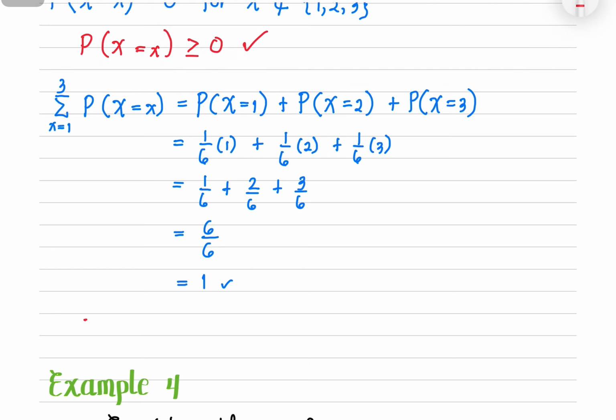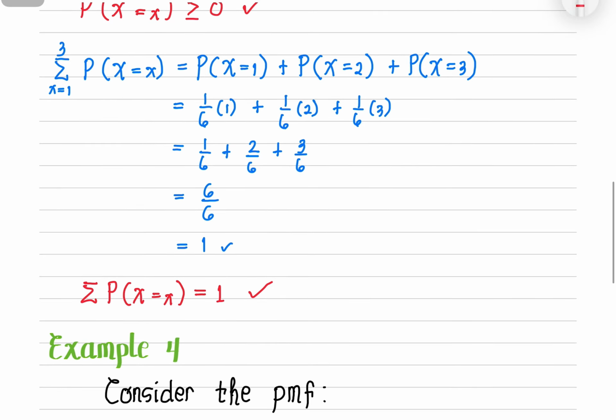So, the summation of P of X equals x equals 1. Okay? Since the two properties are satisfied, therefore, the P of X equals x is indeed a probability mass function.